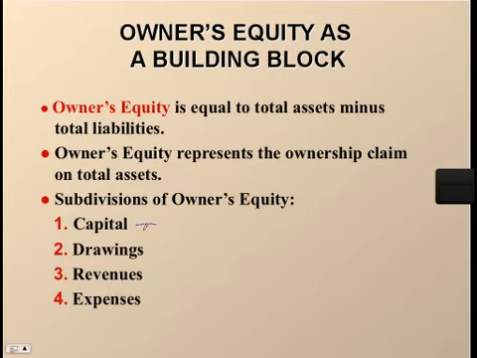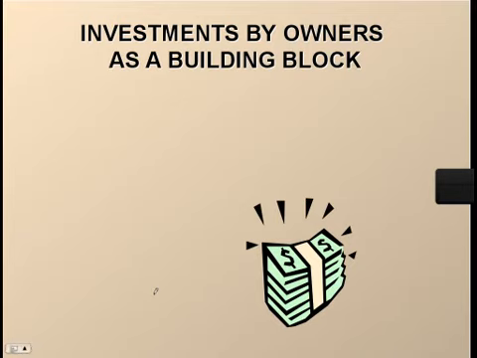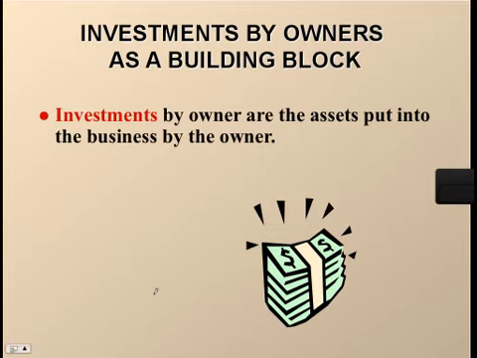Capital is when the owner invests assets into the company. Drawings is when the owner withdraws assets from the company. Revenues are when you make money. And expenses are things that you have to pay in order to stay in business. We're going to talk about these each one step by step.